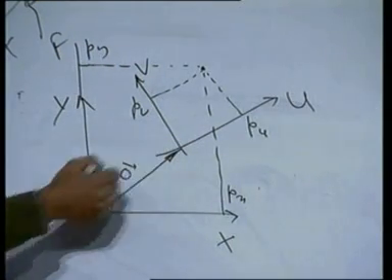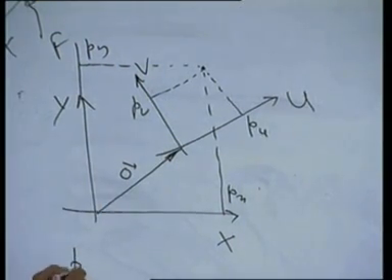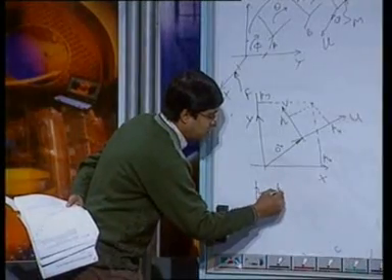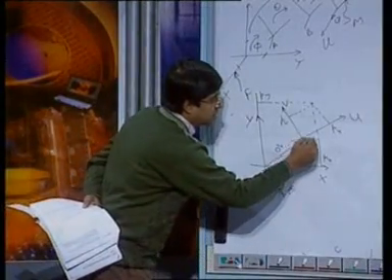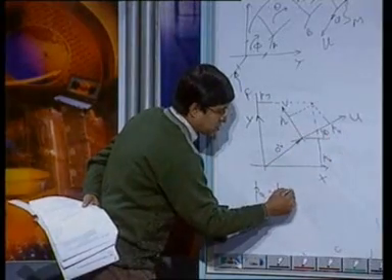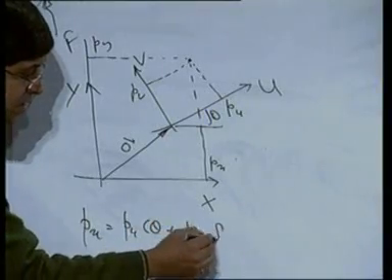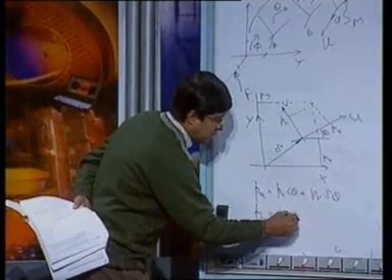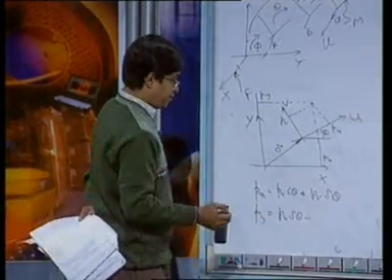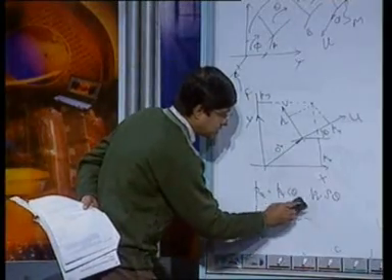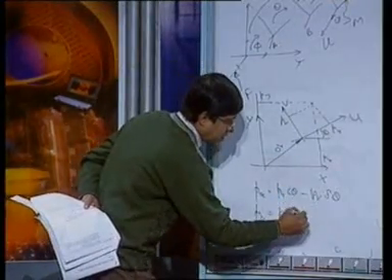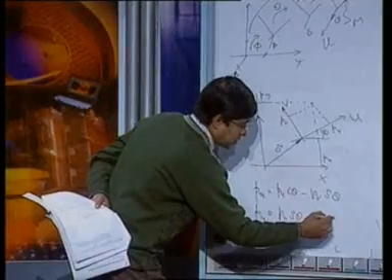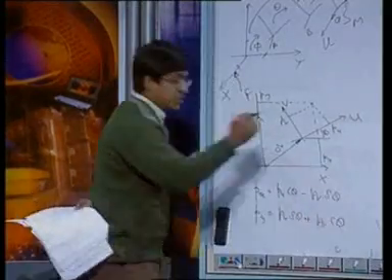If this origin was here, we know its representation was very simple. It was p x equal to p u cos theta plus p v sin theta, if this angle is theta, and p y is equal to p u sin theta plus p v cos theta, right.